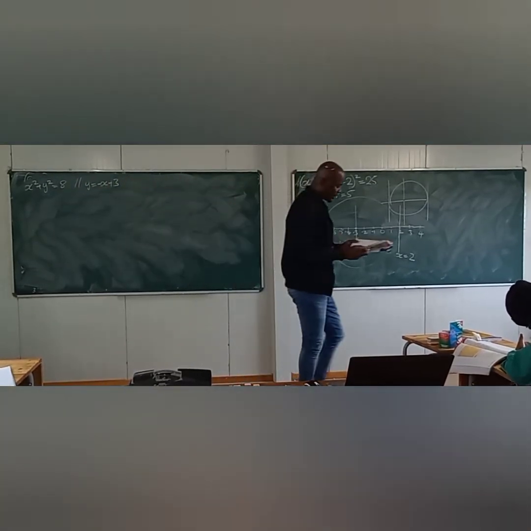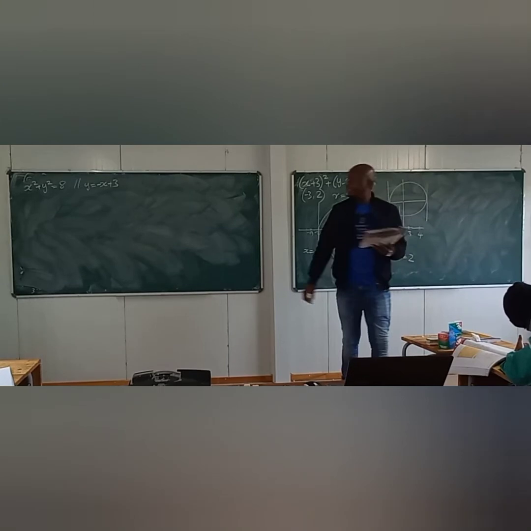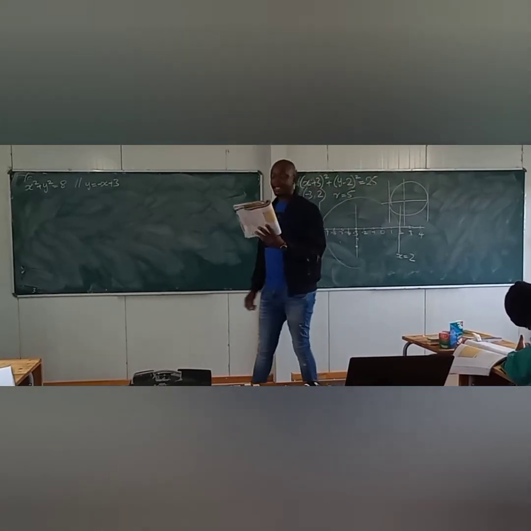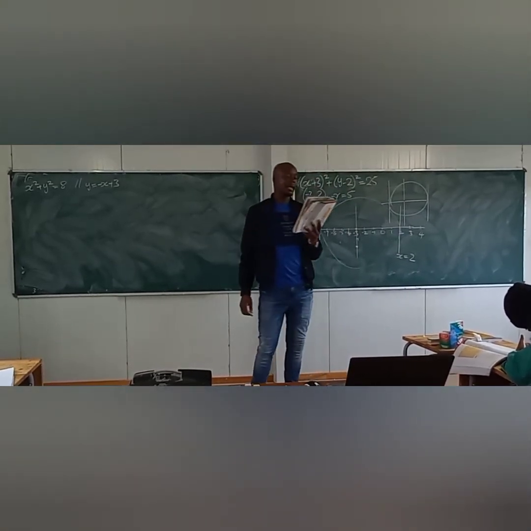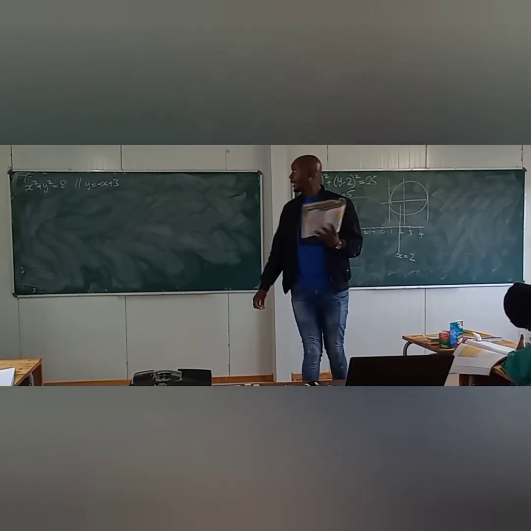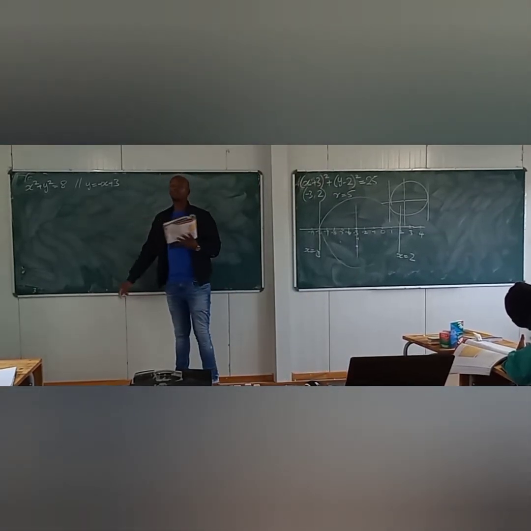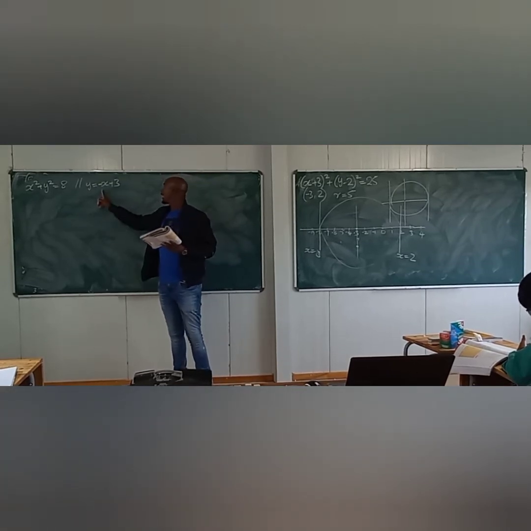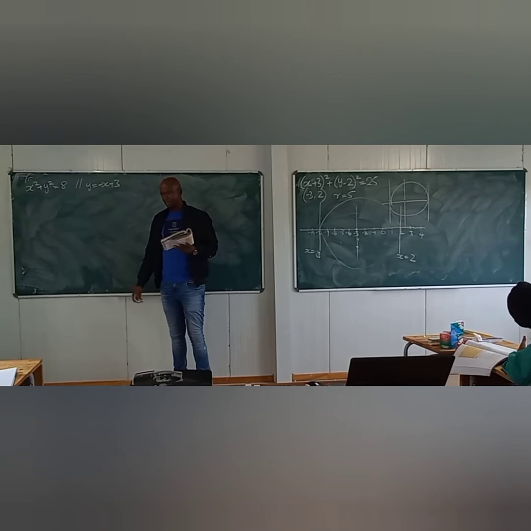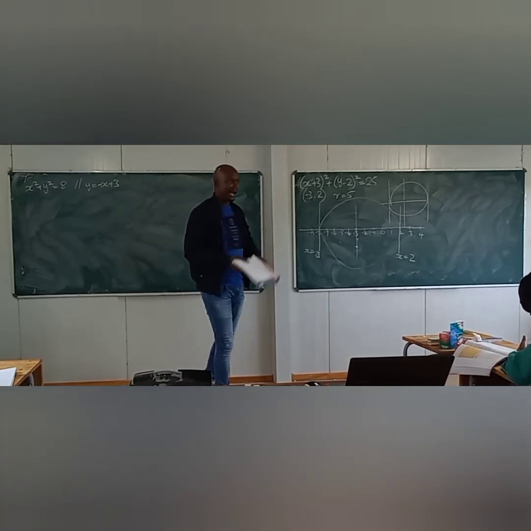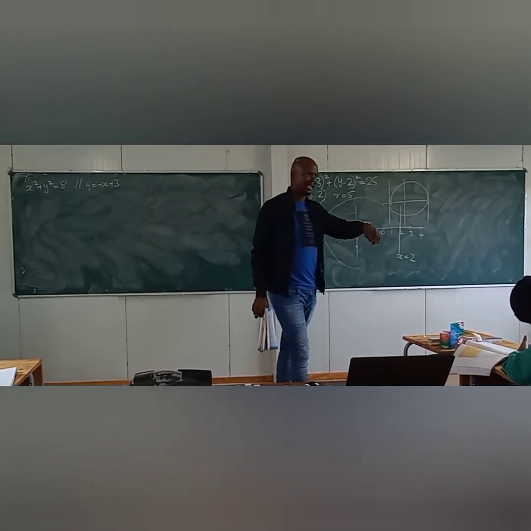Right, let's check this one first. Right, so here we are told to determine the tangent to the circle x squared plus y squared equals 8, parallel to the line y equals negative x plus 3. Now, what's the parallel?